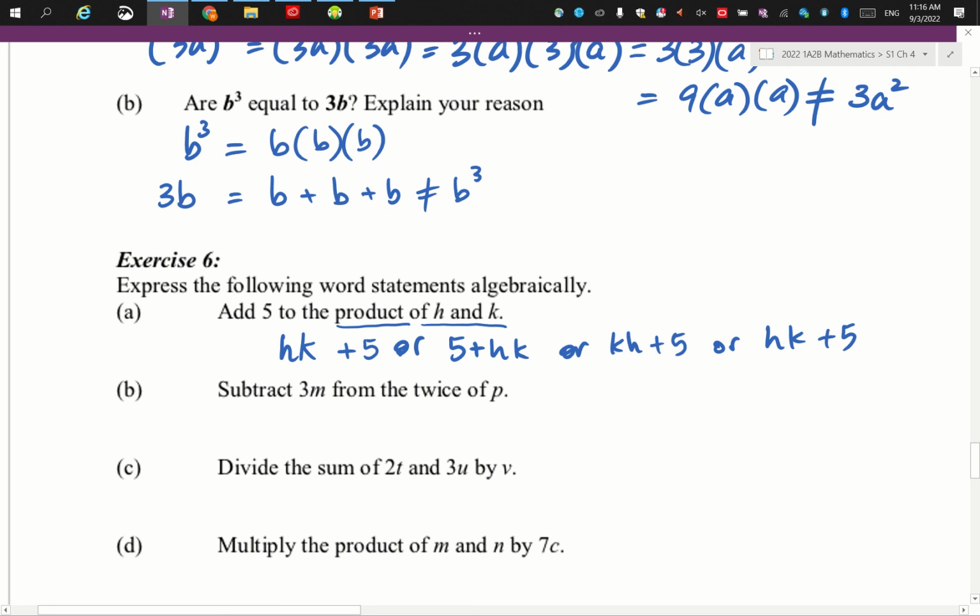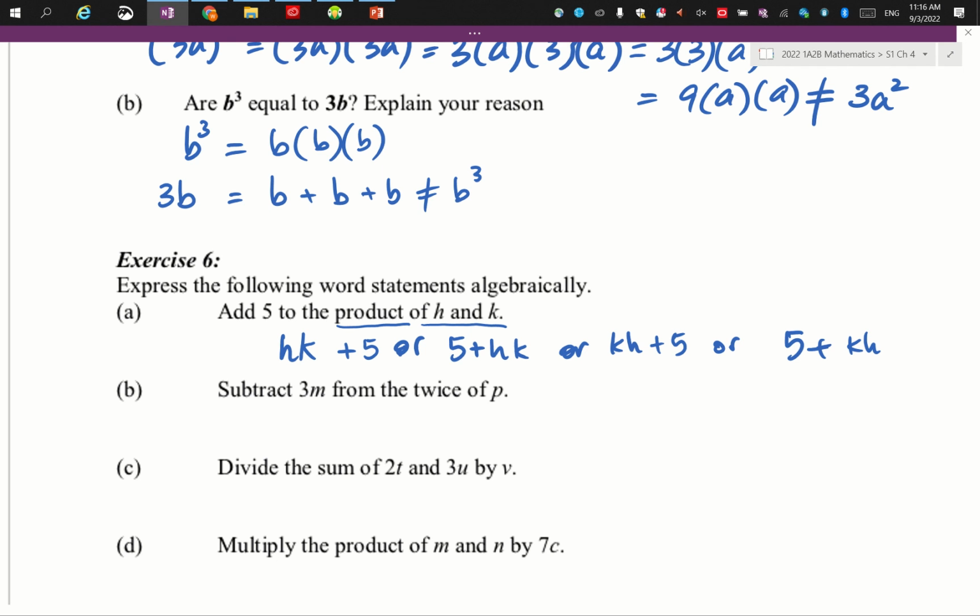Because the order doesn't matter for multiplication, for addition, order doesn't matter. Oh, same, sorry. Kh. 5 plus kh. Okay? So these are the 4 options. Any more or not? I think no more already.